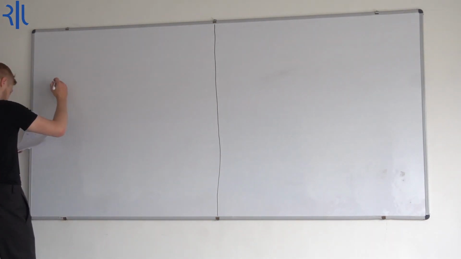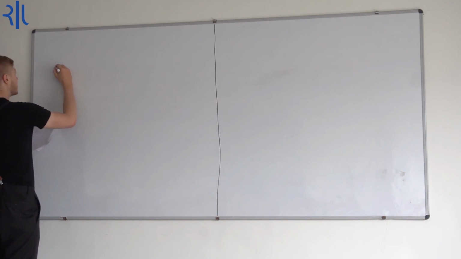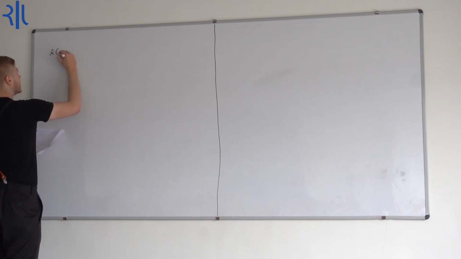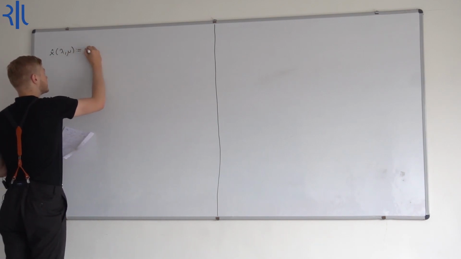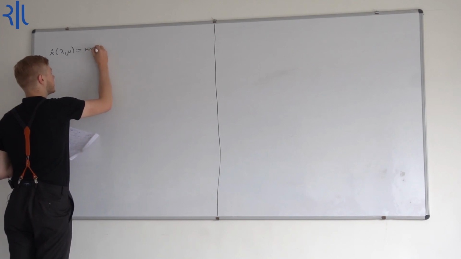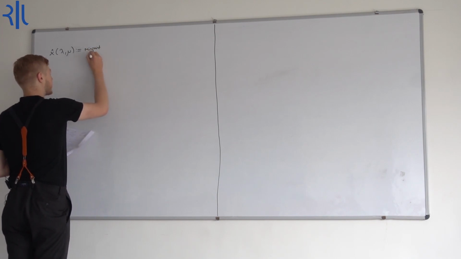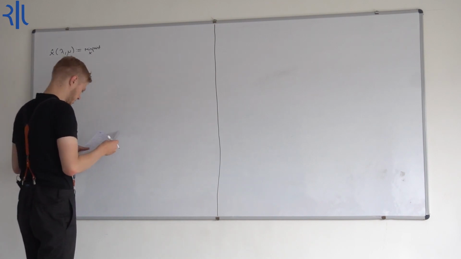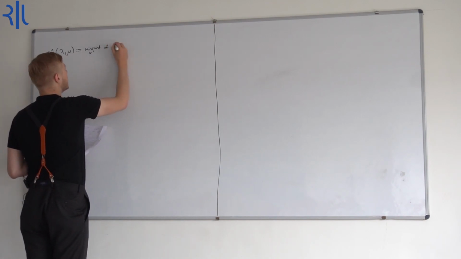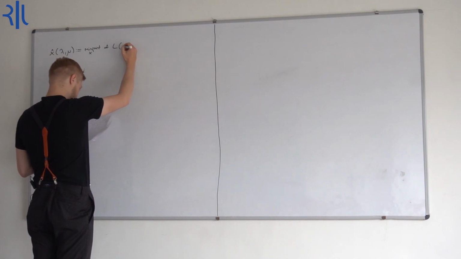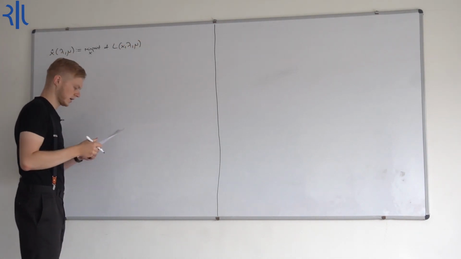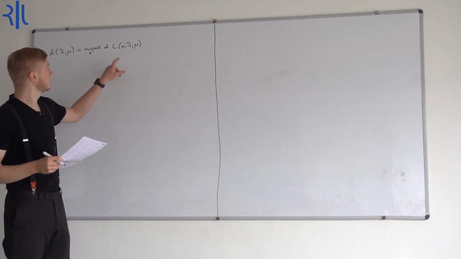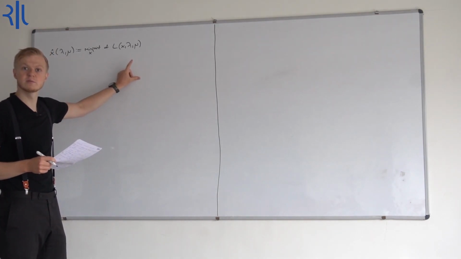We can define x hat of lambda and mu as some minimal point with respect to x of our Lagrange function, where we consider lambda and mu to be fixed.